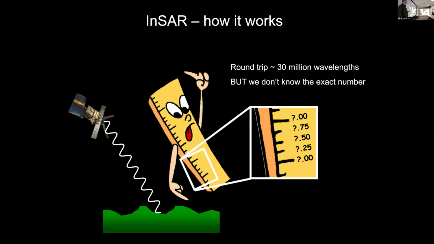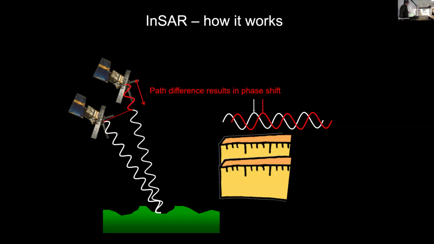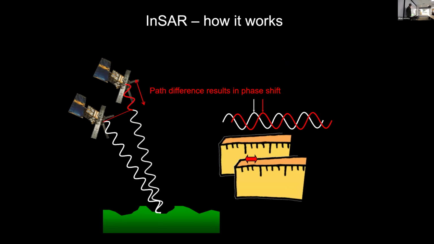So a single image by itself isn't particularly useful. We can get range information from it, but it's maybe accurate to tens of centimeters rather than the millimeters we're after with InSAR. So instead, we think about a satellite coming back and imaging the same point on the ground from a slightly different place in space. That gives you a phase shift because the path length is different, and we can measure that phase shift very precisely.